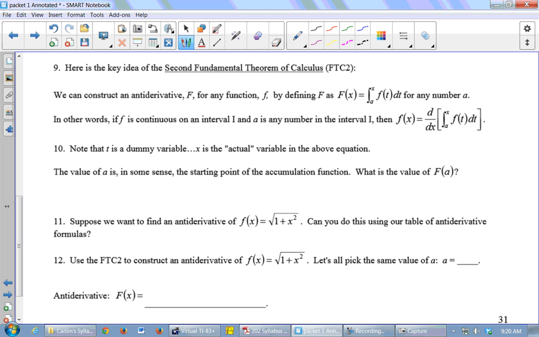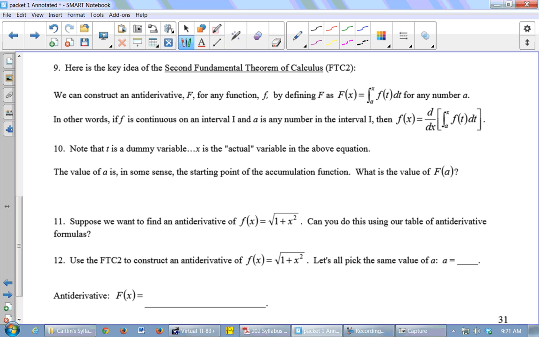Capital F of x would be the integral from a to x of f of t dt for any number a. So in other words, if you take the derivative of this integral, you'll get the function back, f of x, right? Because this guy is an antiderivative, the integral from a to x of f of t dt. If you take d dx of that, you should get the original f of x back.